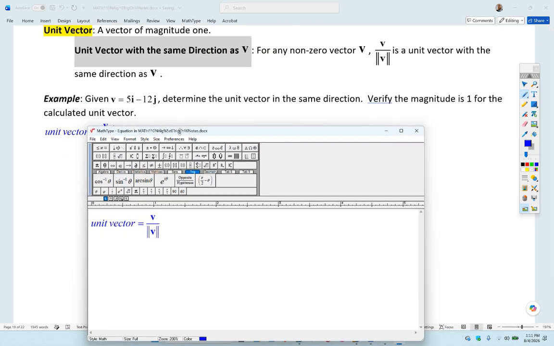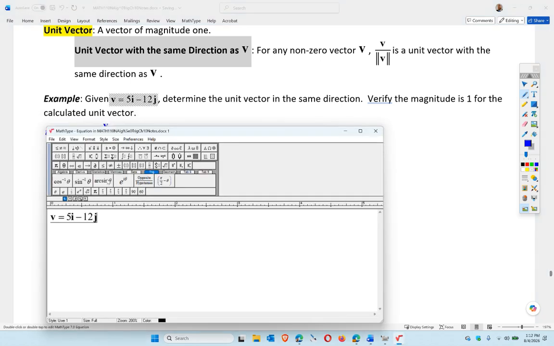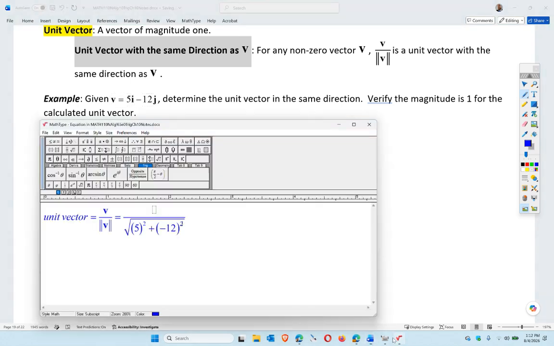Okay, so equals, we've got to put the vector on top and the magnitude on the bottom. So the magnitude will be 5 squared plus negative 12 squared. Let's copy the vector here so I don't have to retype it.